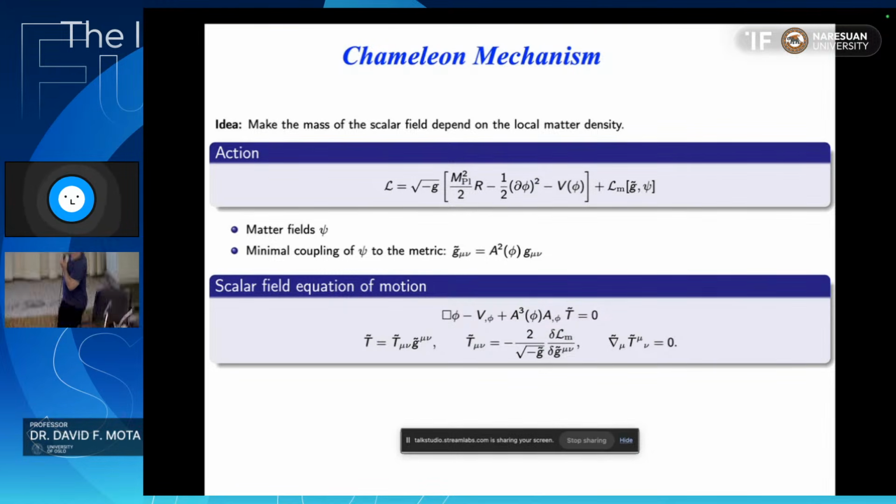A of phi is a function of phi; I will show you explicitly what it is. But the trace of the energy momentum tensor is going to be rho. So in cosmology, the energy momentum tensor is just diagonal, rho, p, p, p, the energy density and the pressure, let's say in the background universe.